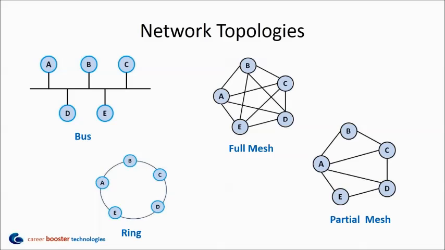So if the stakes are so high, they don't mind investing. They don't mind sacrificing so many ports just for the sake of connectivity. If someone feels that's a bit of an overkill, maybe on a need basis some of the devices can have more connections, and others are okay with fewer connections, then it becomes a partial mesh. So the idea behind mesh connection is to have backup. The buzzword here is high availability.